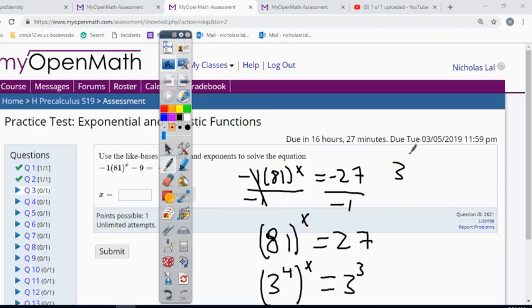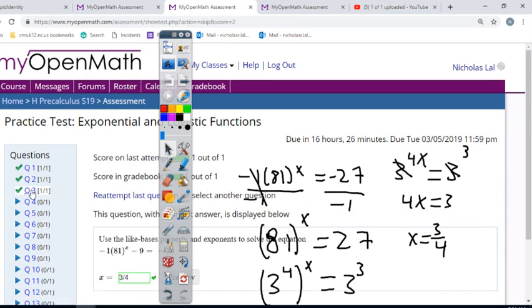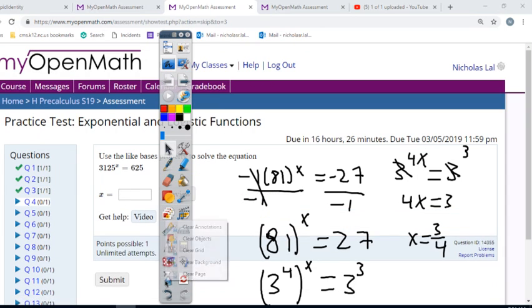So 3 to the 4x is equal to 3 cubed. Cancel out 3's. 4x is equal to 3. x is equal to 3/4. Question 3 is correct. Moving on.